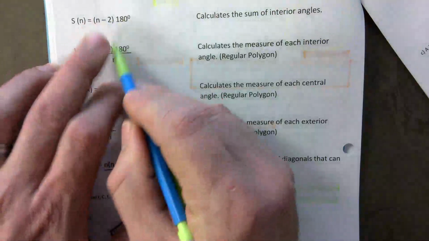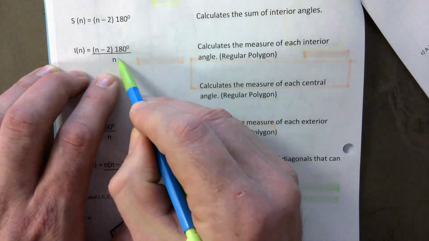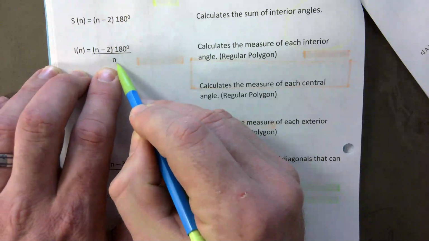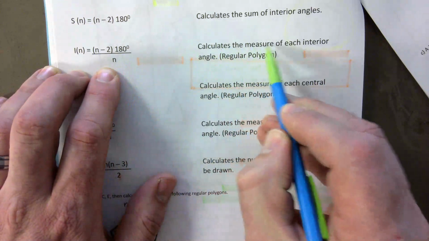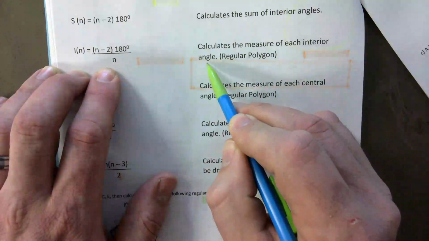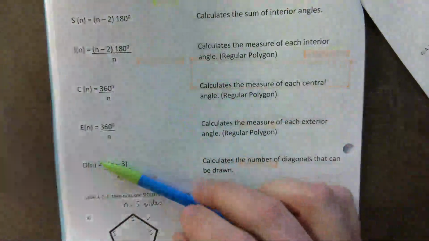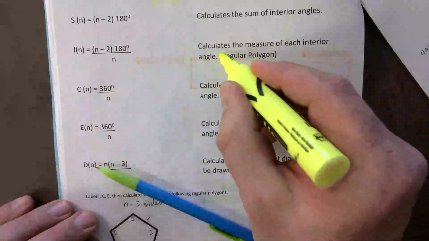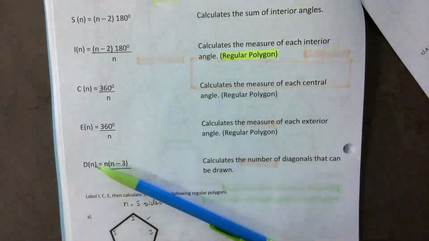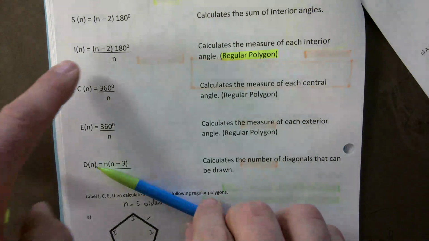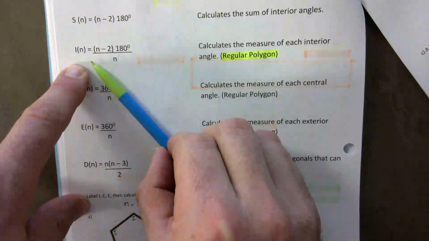Is it copy paste, right? But in this case, you divide by n, number of sides. It calculates the measure of each interior angle. It only works with a regular polygon. Only works with a regular polygon. And here's where students sometimes mix it up, okay?